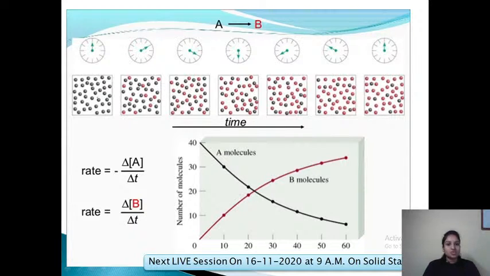As the time increases, the concentration of the reactant, which was initially very high, with all the black color molecules, decreases, whereas the concentration of the products, the red colored molecules, has increased.